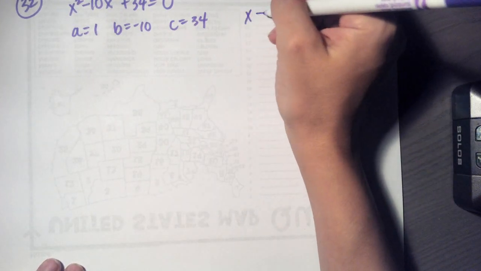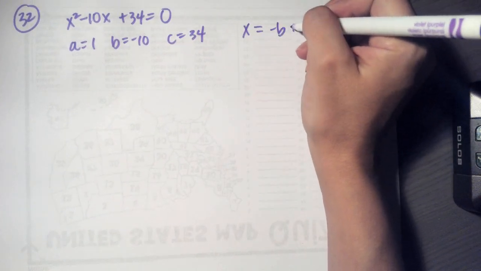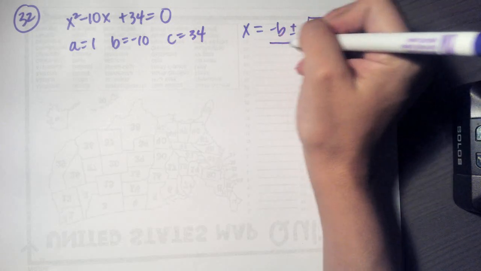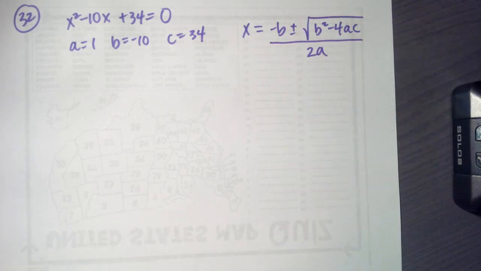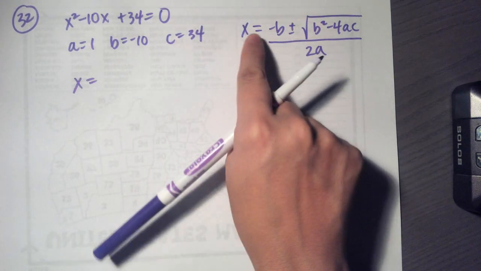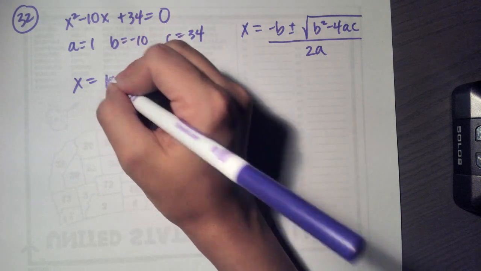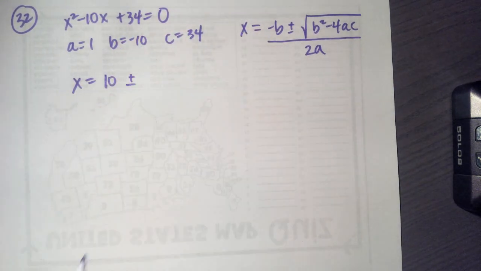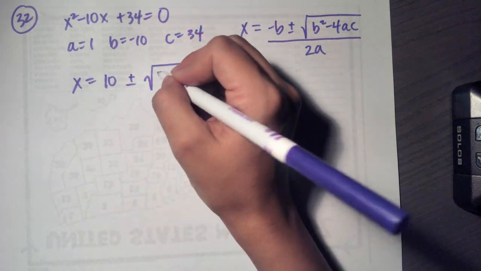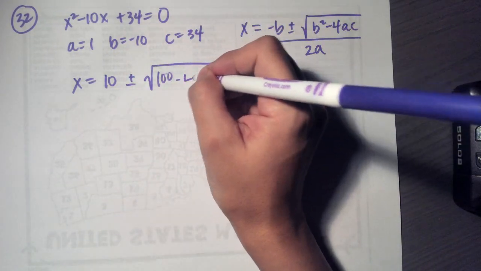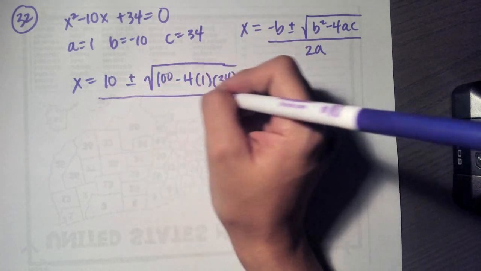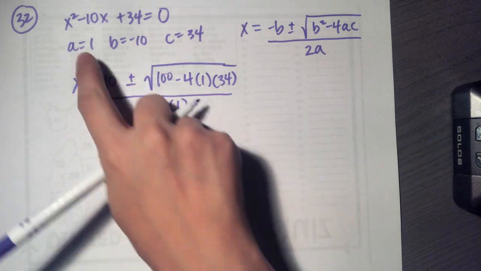So I have x equals negative b plus or minus square root b squared minus 4ac all over 2a. So plug in what I know. The opposite of b would be positive 10, because a negative times a negative is a positive. B squared, so negative 10 times negative 10 is 100, minus 4ac, all over 2a, 2 times 1. A is 1.